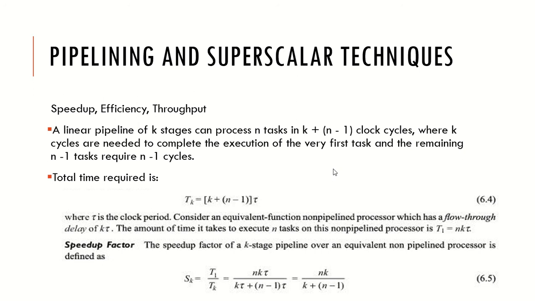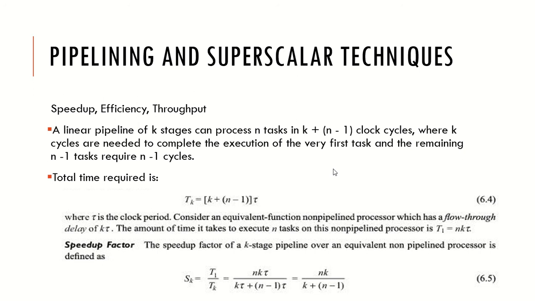When you talk about the speedup, it is measured using Sk. So Sk is equal to T1 divided by Tk, where T1 is the amount of time it takes to execute the same n tasks in a non-pipelined processor.